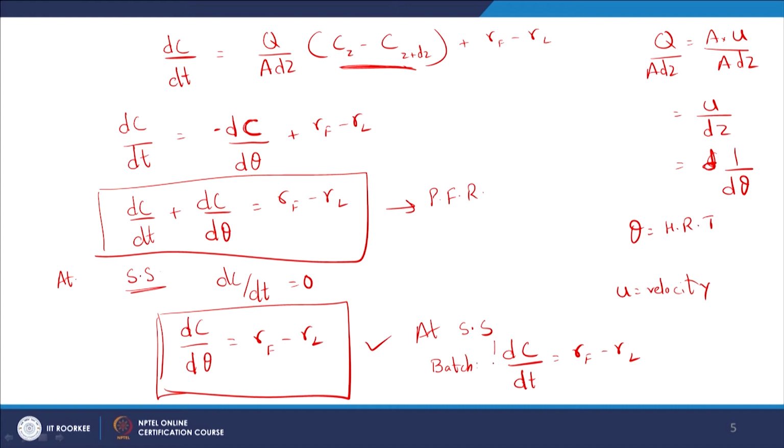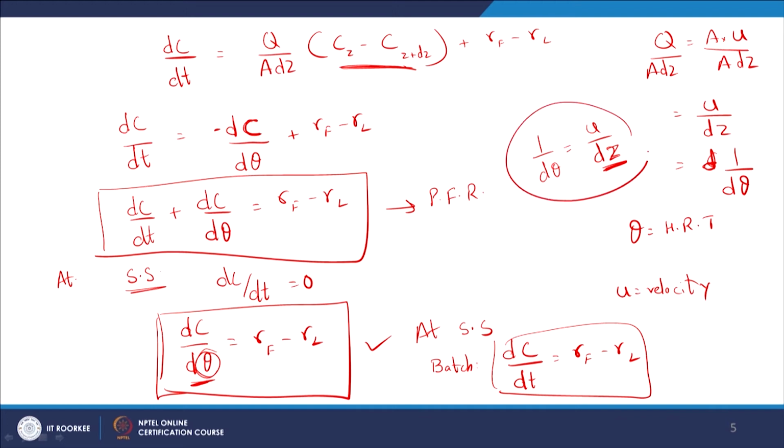Again, the difference here obviously is that for the plug flow it is not dc by dt, but dc by d theta. Theta is the hydraulic retention time, but again what does that give an idea about how it changes with distance, right? Because here we have 1 by d theta equal to u by dz, and what is z? Change with distance, right? So again keep in mind that for the plug flow, obviously the variable changes with distance, so that is what it means, right?